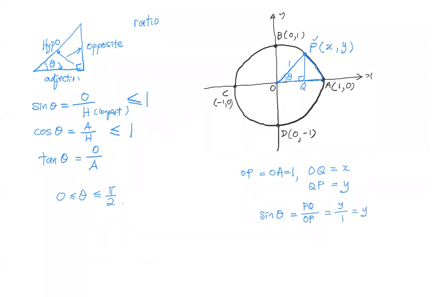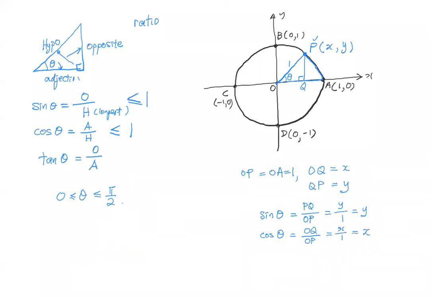Okay, how about cos of an angle theta? It is OQ, adjacent, divided by the hypotenuse, OP, which is x over 1.